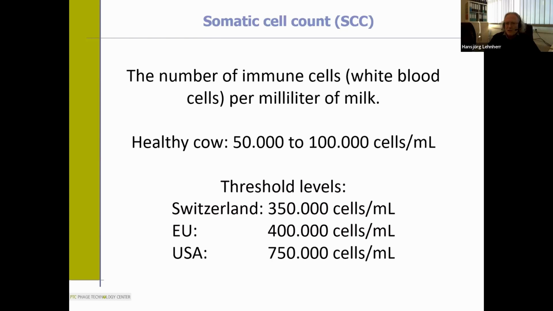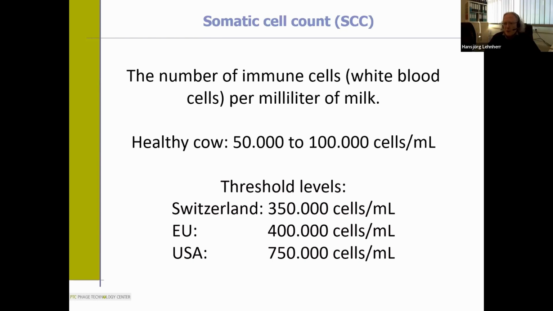Now, the dairy looks at this somatic cell count from a different angle. They argue that if the cell count is high, there must be a pathogen present in the milk, and so the milk is no longer safe. And the dairies will set a threshold level. This threshold can vary from dairy to dairy or from country to country, but it means if the somatic cell count of the milk is above this threshold level, then the dairies will reject the milk.